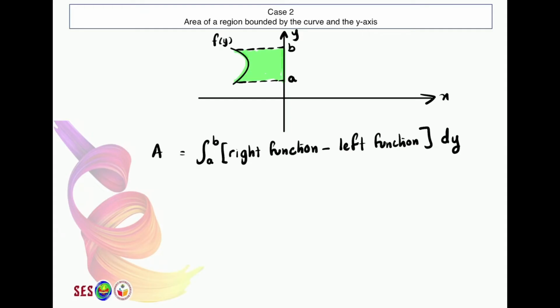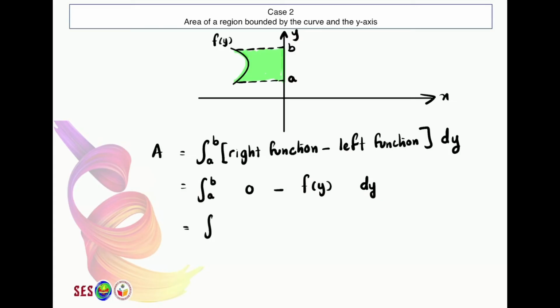So what is our right hand function? The right function is at x equals 0. So this will be 0, minus our left function. The left function is f(y), so f(y) is on the left. This is at x equals 0. So this will be dy.